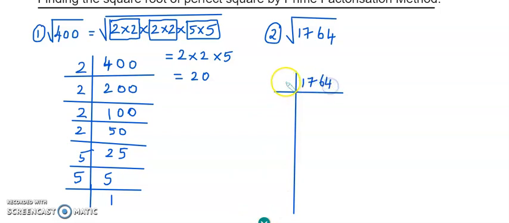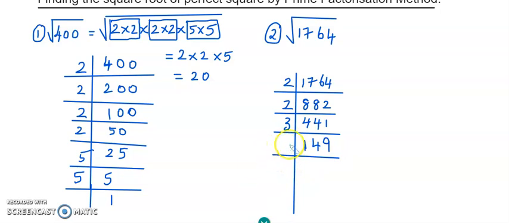Again we'll go, 2 8s are 16, then again 16, and then 2. So let's take again 8s, 2 4s are 8, 2 4s are 8, and 1. Next I'll go 3 times, 3 times 4 is 12, and this is 9.